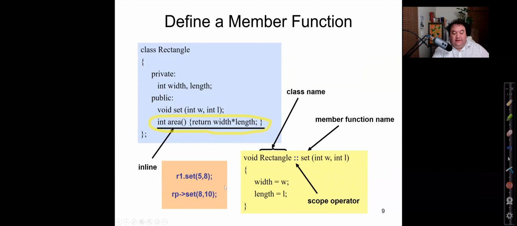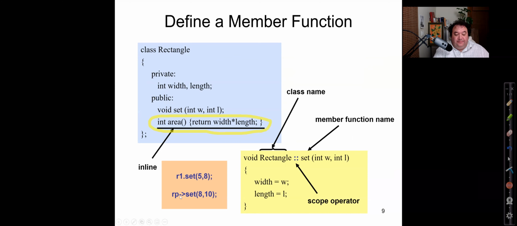So if the variable R1 is of type Rectangle, to access the method set, we use the dot operator, R1.set(5, 8). But if RP is a pointer to a rectangle, then we use this arrow, which is really minus greater than.